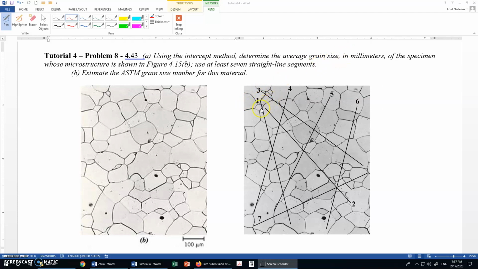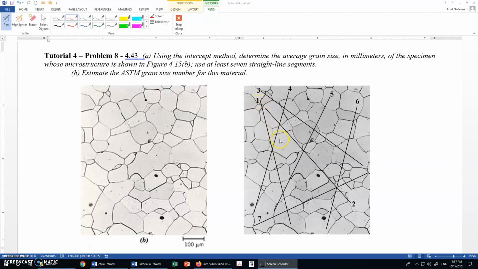As you see, the grains have been shown, some grains are bigger, some are small. You need to count the number of intersections. For example, for line 1, the number of intersections can be counted starting from here: 1, 2, 3, 4, 5, 6, 7, 8, 9, 10 and 11.